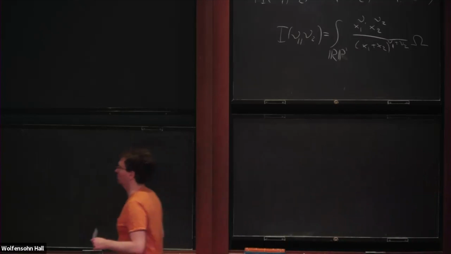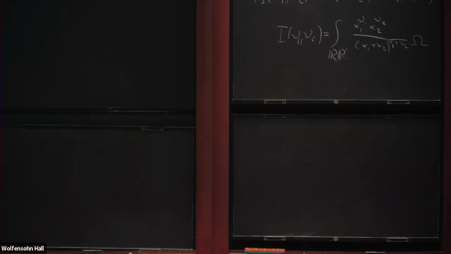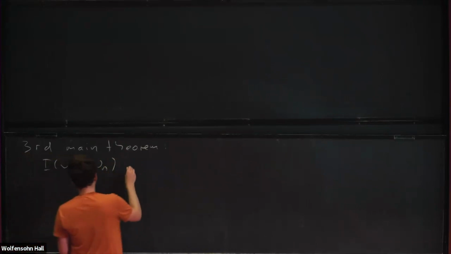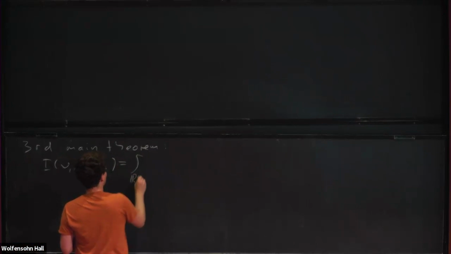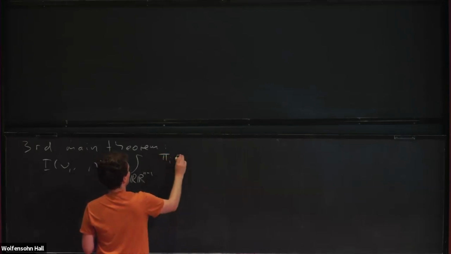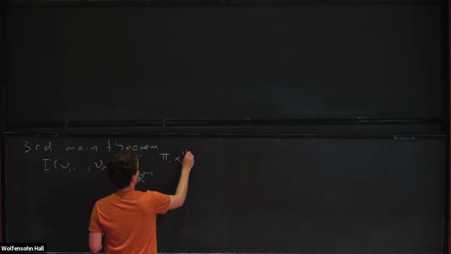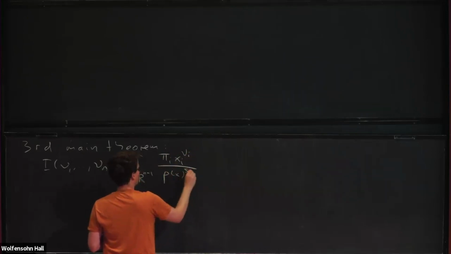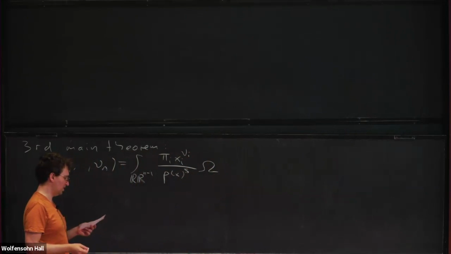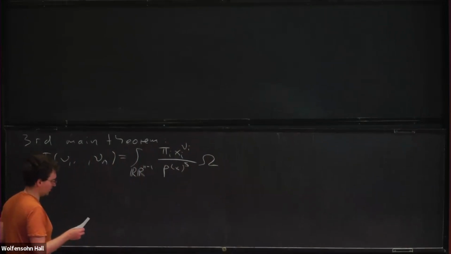So if you have these integrals again, that are as before with some positivity constraints, and the S is appropriate for this to be a proper projective integral, then we can build a vector space.